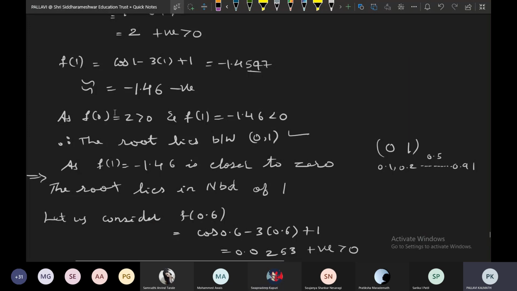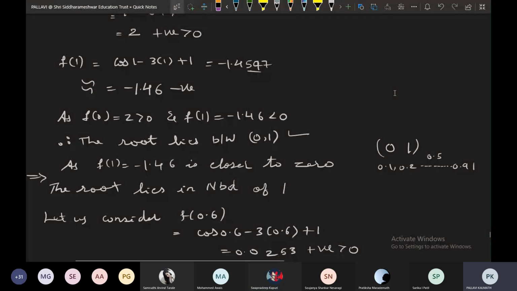First step, you find f of 0, f of 1, f of 2, 3 and so on. For two consecutive values where you are getting a negative value and a positive value, you say the root lies between 0 and 1. Now here, see, what is f of 0? Same example, you tell me. F of 0 is 2. F of 1 is how much? Minus 1.46.